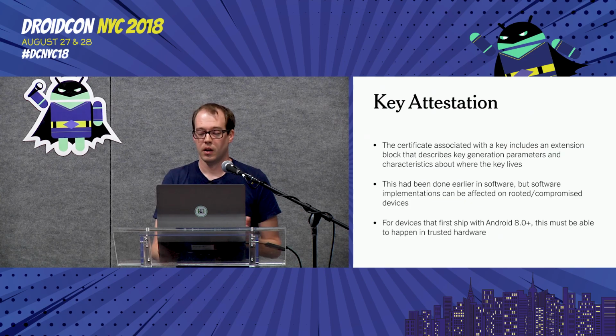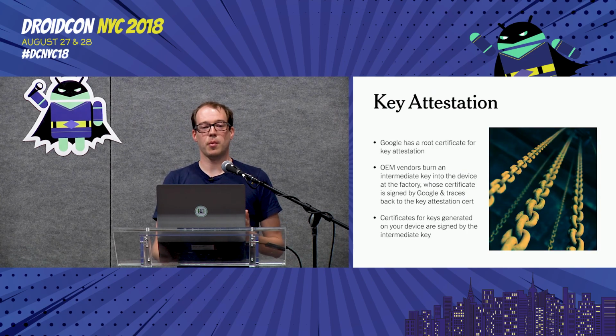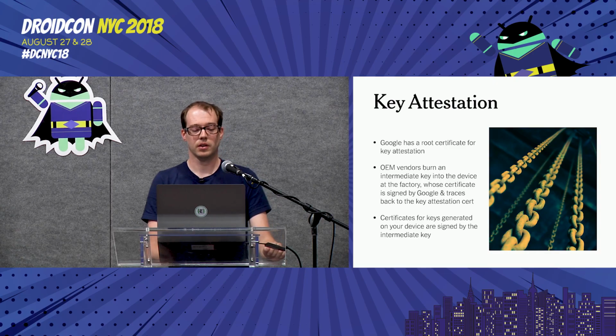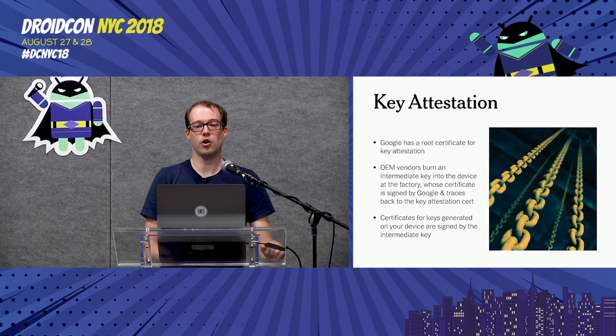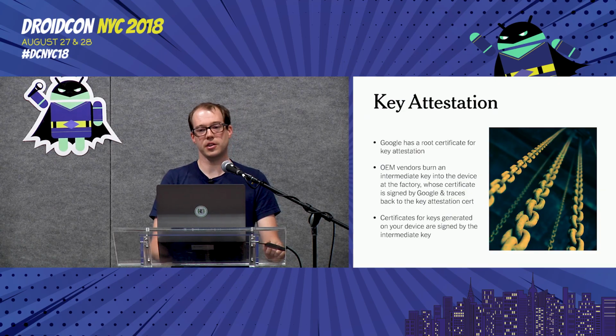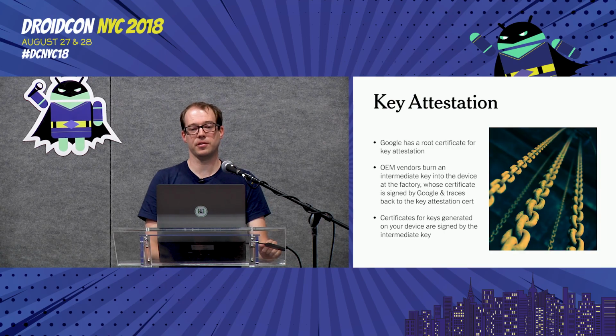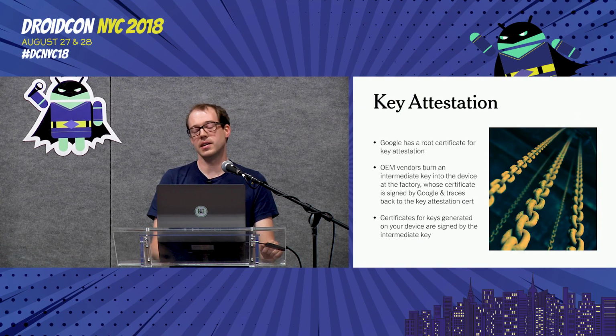So Google has come up with a solution here for what they call key attestation. And they've got a root certificate on their own that's used for key attestation. And this is going to be the final root. Now, when an OEM generates a device or builds a device, at the factory, they generate a key.